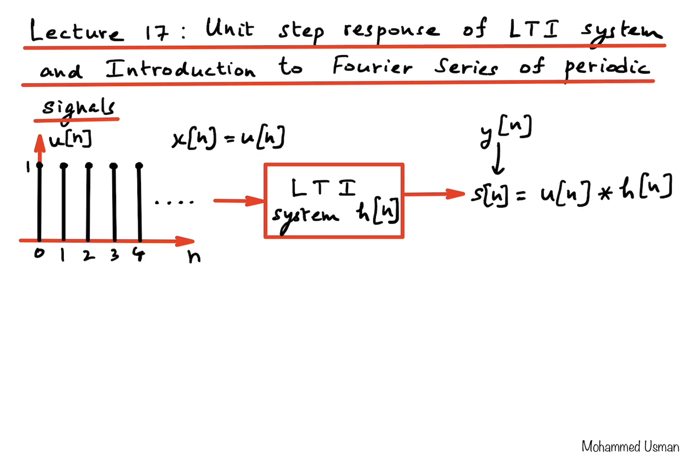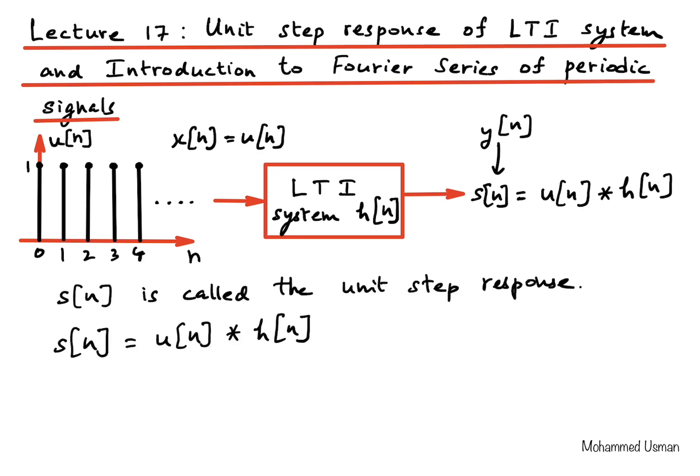Now we want to investigate this input-output relationship a bit deeper, and hence establish the relationship between the unit step response s of n and the unit impulse response h of n. So we call this s of n the unit step response of the LTI system, which is the convolution of the unit step with the impulse response.